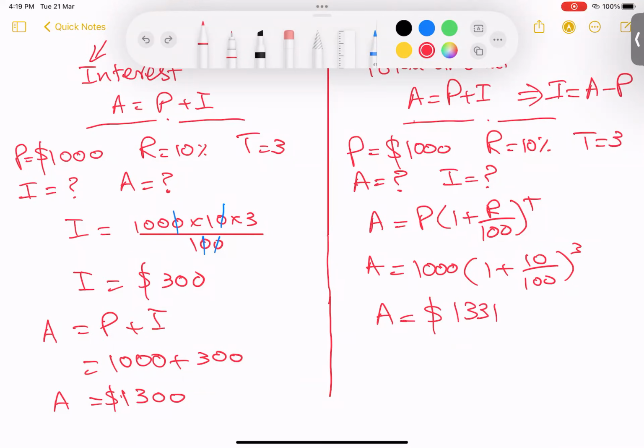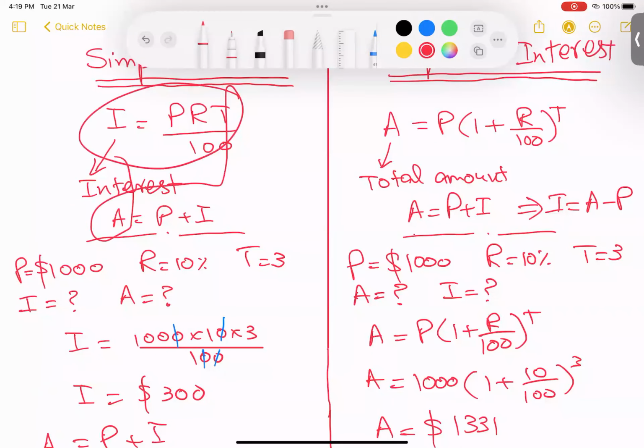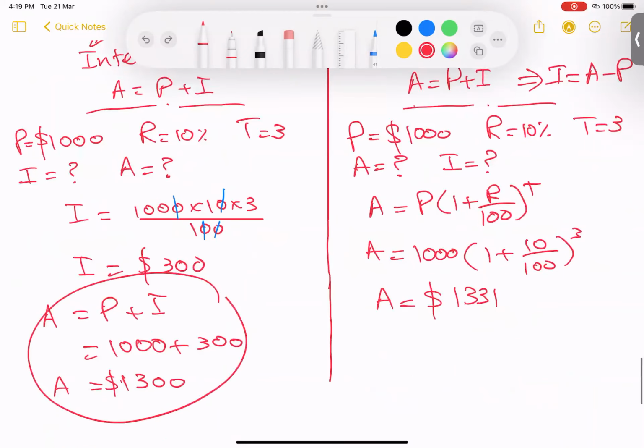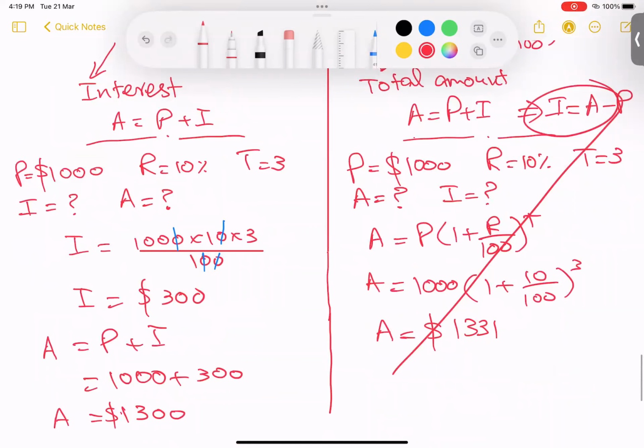Now you ask, sir, this is a money difference. Yes, the difference is there. I'll tell you why; the reason is very clear. This is the total money you got. I said before, the simple interest formula gives you your profit only by default, and manually we found the net amount. Whereas the compound interest formula gives you your total amount, and for the interest you have to do some manual working.